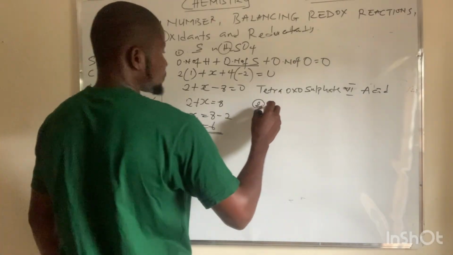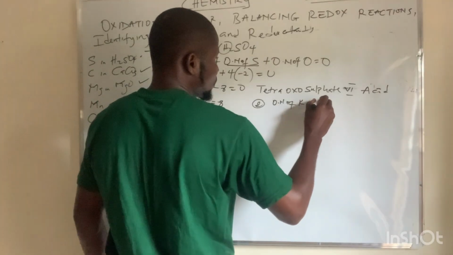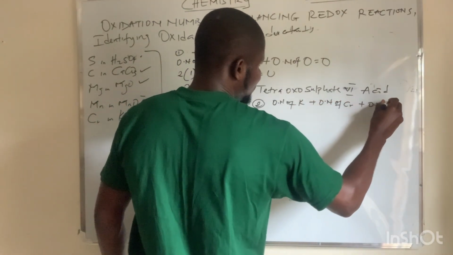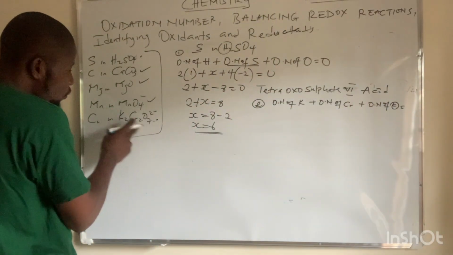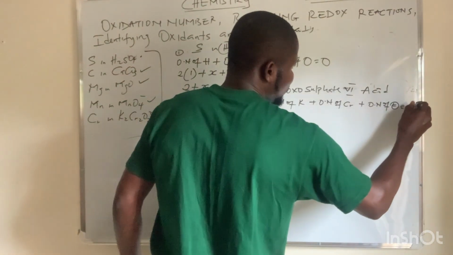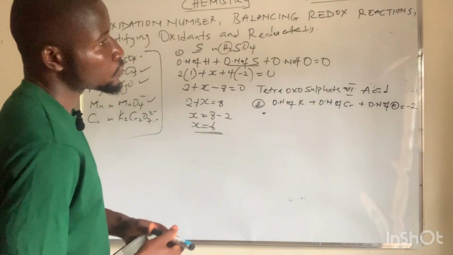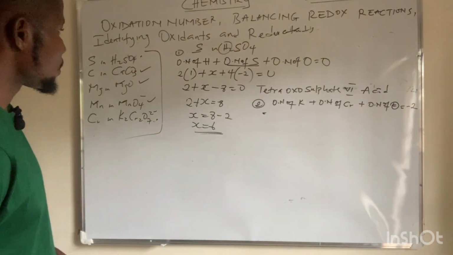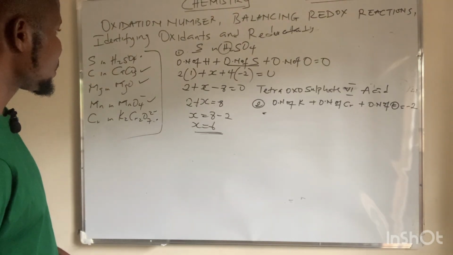So for this, we have oxidation number of potassium plus oxidation number of chromium plus oxidation number of oxygen equal to the charge it carries, minus 2. The algebraic sum of the oxidation number of a compound or a radical is equal to the charge it carries. Potassium belongs to group 1 element, or rather group 2, if I'm not mistaken.